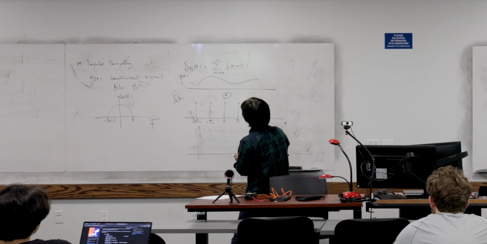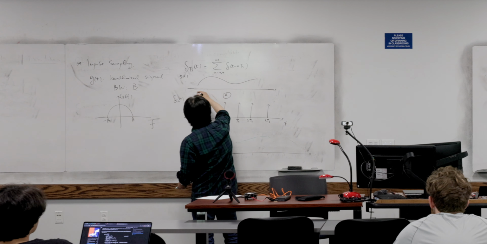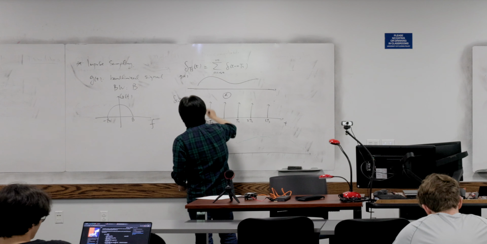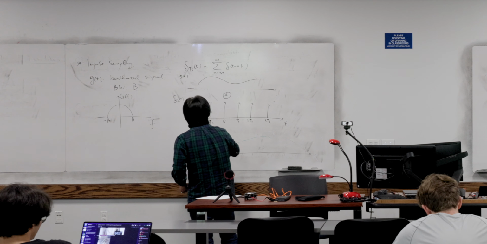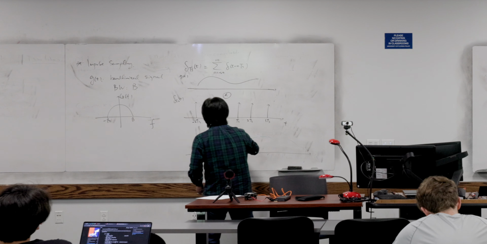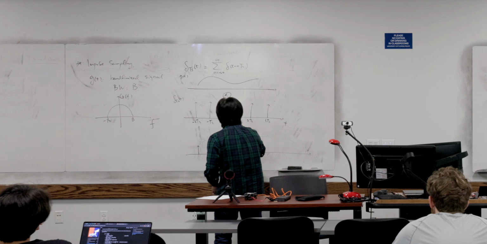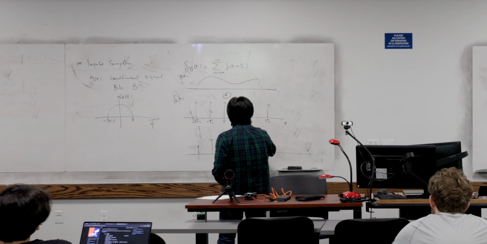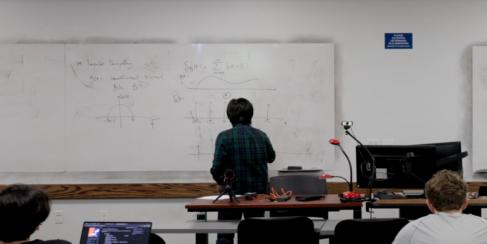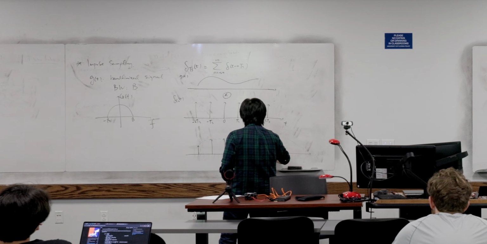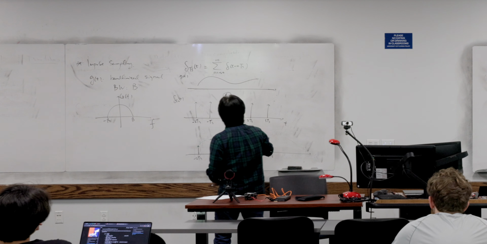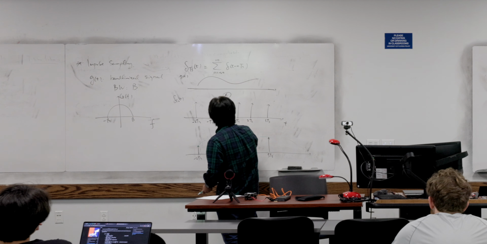Here's our g(t). We have a signal here, and here is the 0 point, we'll have one here, and here there's another one, at Ts, 2Ts, 3Ts, and so on. We multiply this by that, and it equals this.